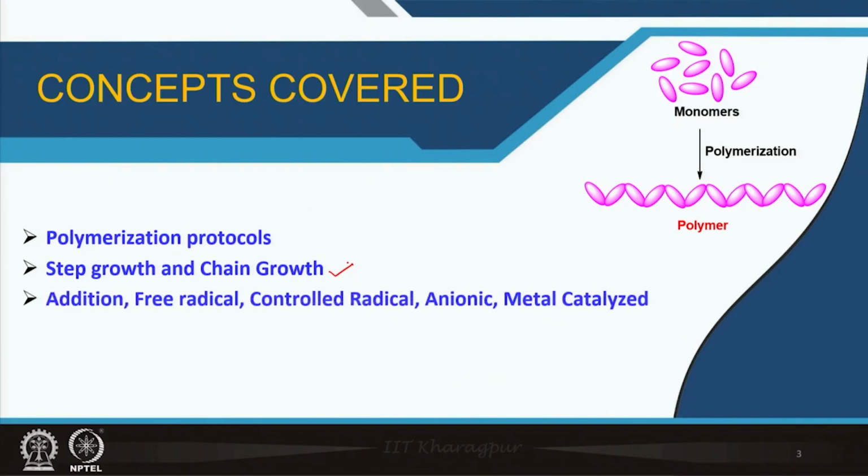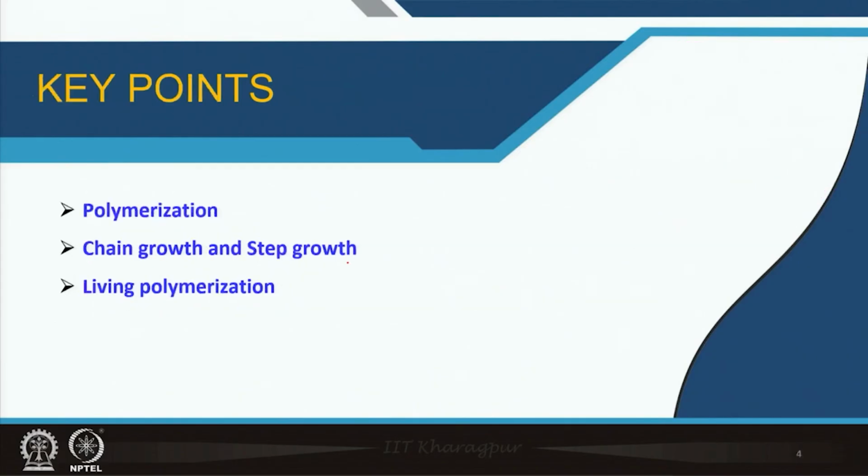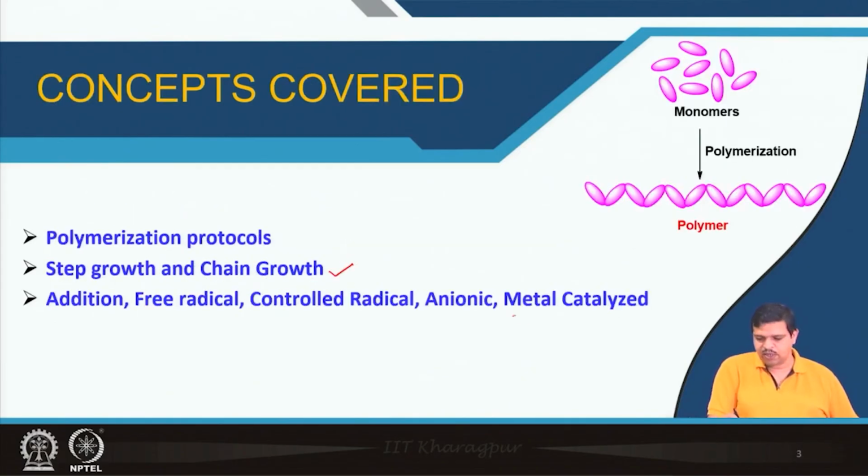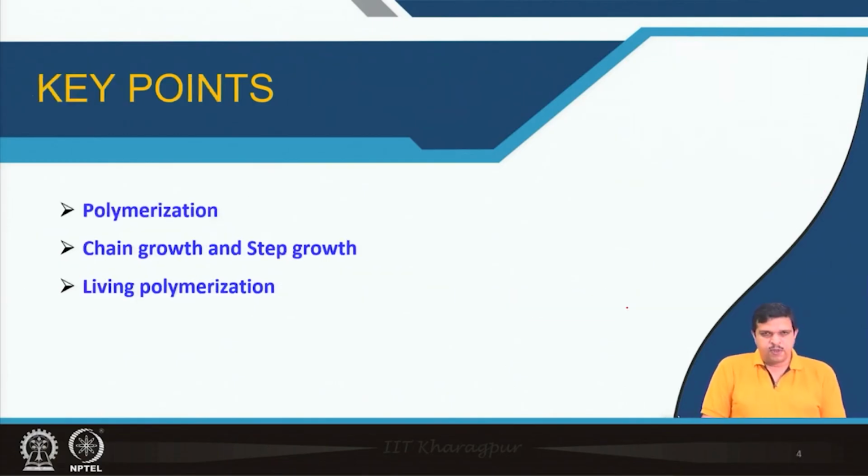Then we will discuss the different mechanisms or synthetic protocols: addition, free radical, controlled radical, anionic, and obviously metal catalyzed. That is the main focus of this course. The key points we will cover are chain growth and step growth polymerization, and we will understand how controlled they are. Then we will try to understand the different controlled polymerization protocols, including living polymerization, where we can actually tune and control the architectures of the polymers.